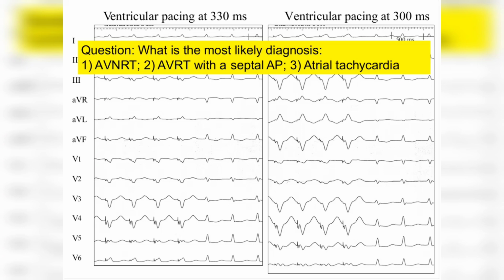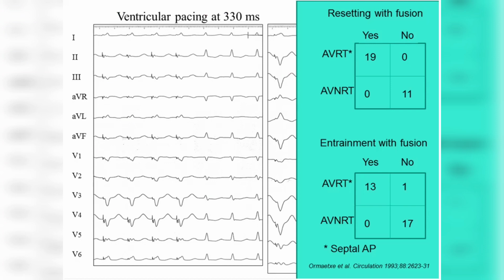Let me show you the next example that on this green panel shows you the results of the study that we performed years ago. And as you can tell, the difference is very, very clear. As expected, it is impossible to have fusion with resetting in an AV nodal reentrant tachycardia.